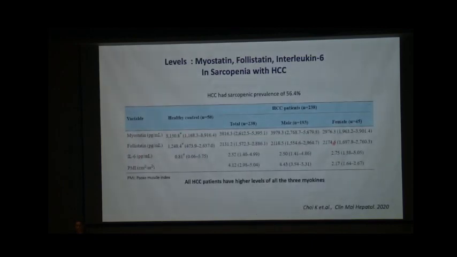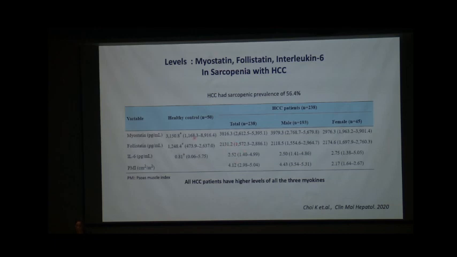Myostatin, follistatin, and interleukin-6 are not limited to liver cirrhosis, even in hepatocellular carcinoma. They found that in comparison to healthy controls, the myostatin level increases in HCC patients, follistatin increases, and IL-6 increases.